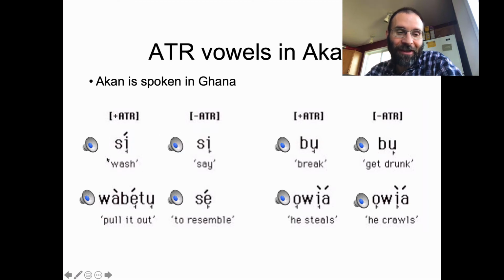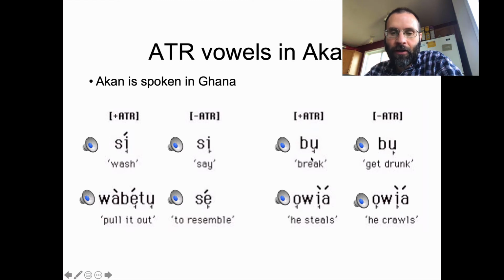So this one should sound like an E, si, and this one sounds maybe like an A. se. We'll listen to the slightly lower vowels, wabetu, se, and all of a sudden this sounds more like a mid vowel. se, wabetu. So you can see why people might confuse this with a tense-lax distinction. It has similar acoustic effects on the vowels, but different things are happening articulatorily.